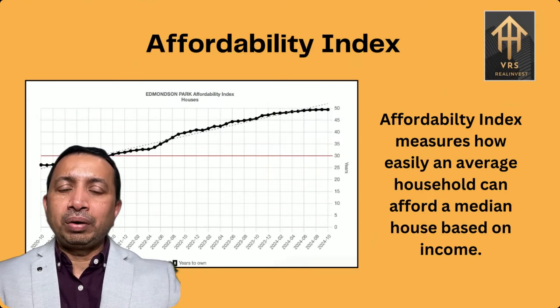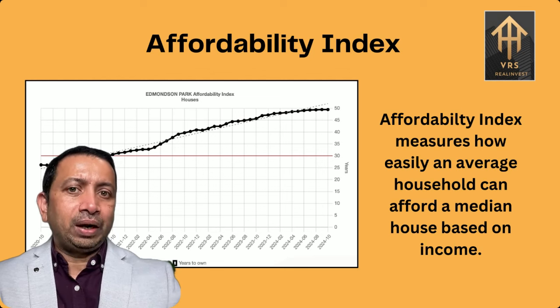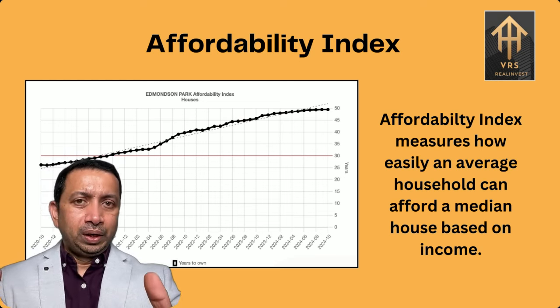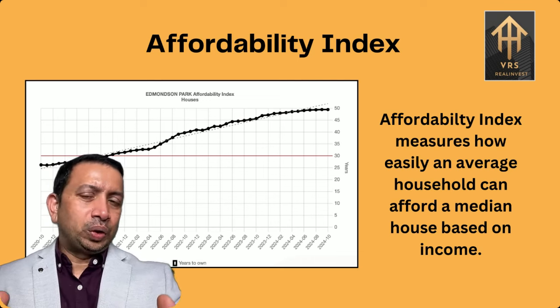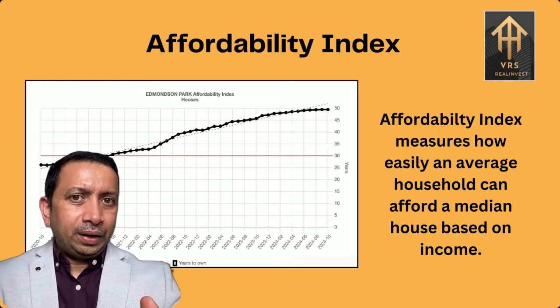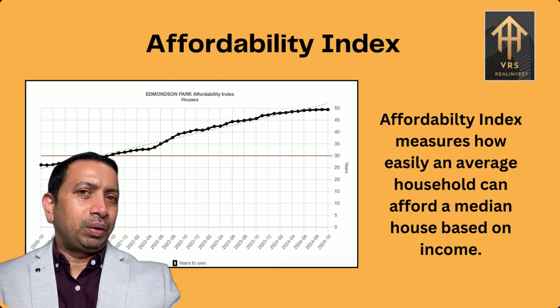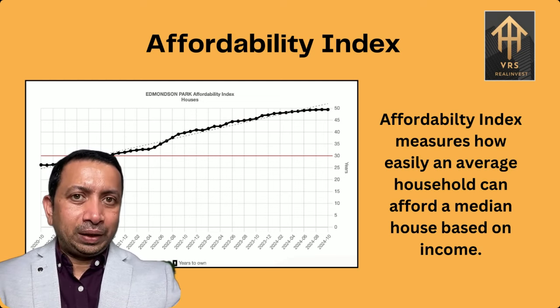And another important factor is the affordability index. Affordability index measures how easily an average household can afford a median house based on income. For example, if you and your partner are working and you are earning 250K, just imagine your yearly income is 250K, and the house price in that particular area is 1.5 or 1.6 million, which means you cannot afford the property in that area.